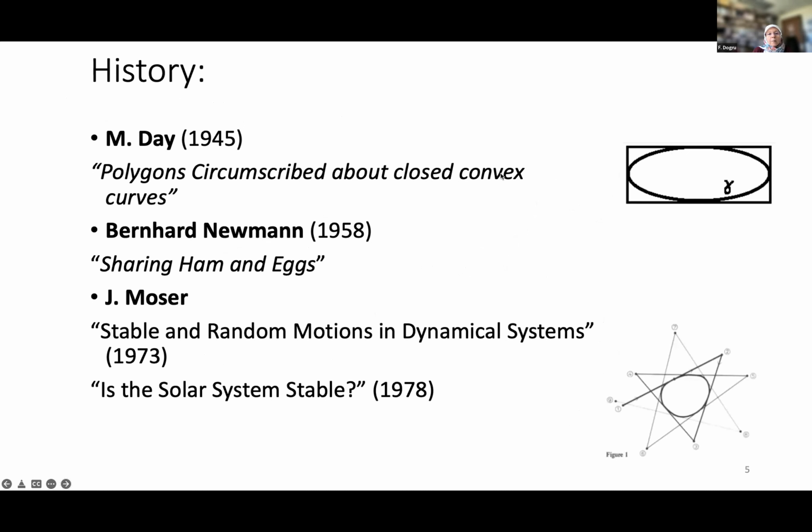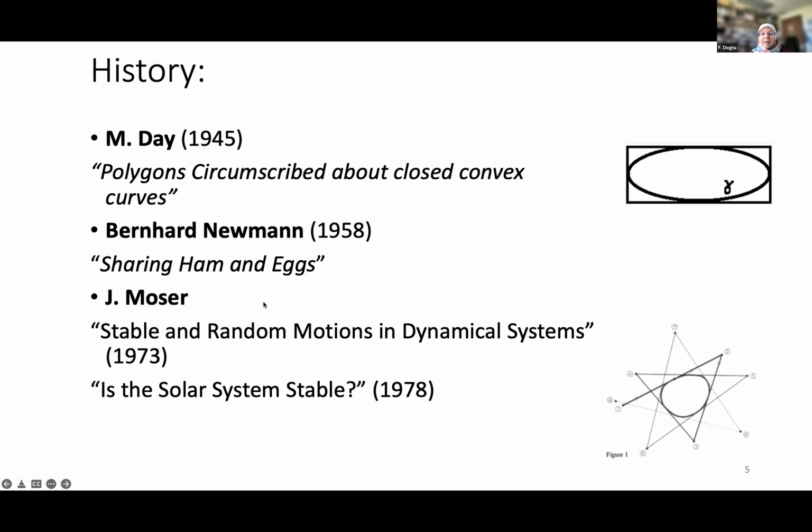First, polygons circumscribed about closed convex curves appeared in M. Day's paper in 1945, and this is the shape they used in the paper. Later on, Neumann, in the late 50s, wrote an entertaining paper, sharing ham and eggs, and mentioned this type of polygons.